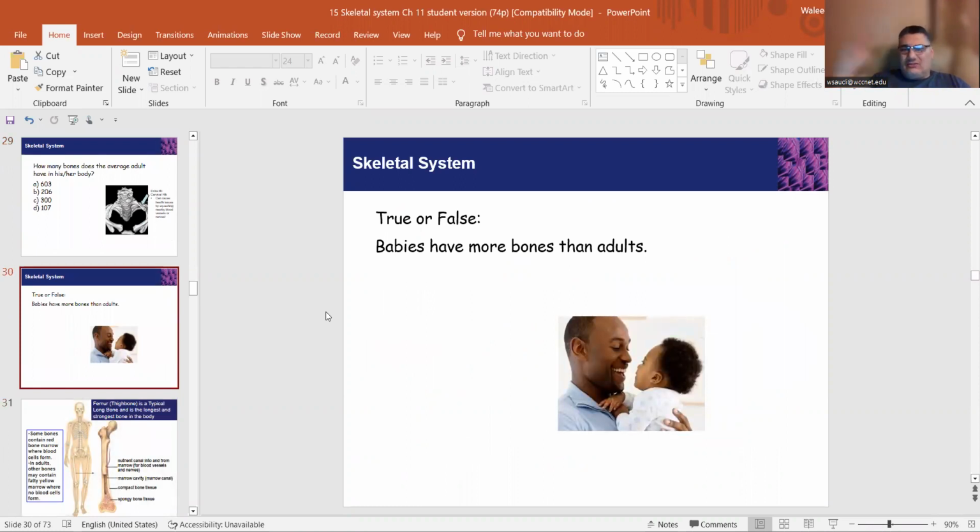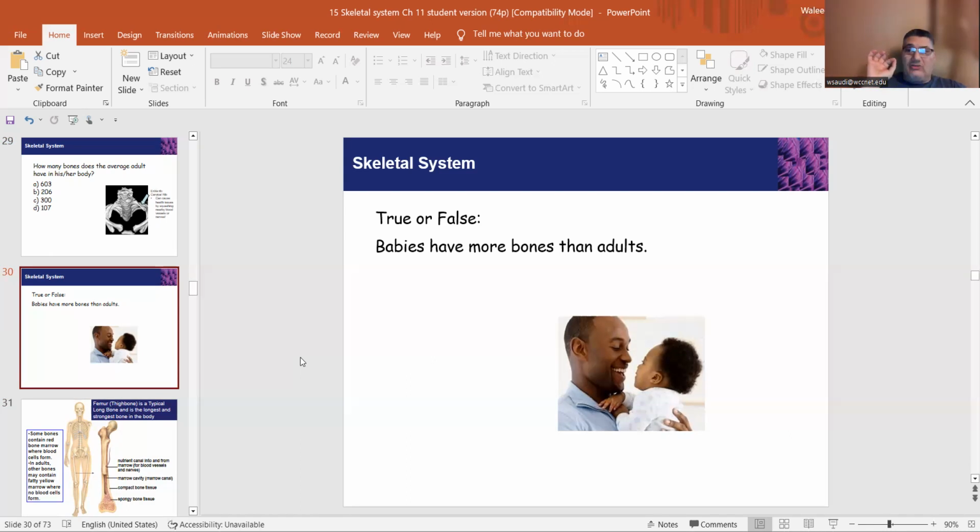Okay, this is something interesting that when we are babies, we have more bones in the number, not the size, number. Why? Because the bones are going to fuse to each other later. Like the skull bones, the skull in the baby and in the fetus as well, is a lot of bones, but they fuse together, and as we grow, they become bigger bones.